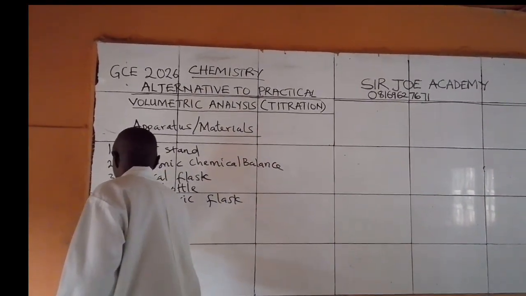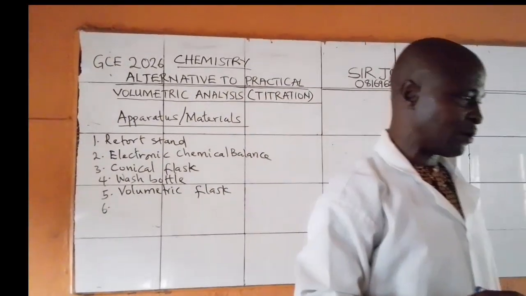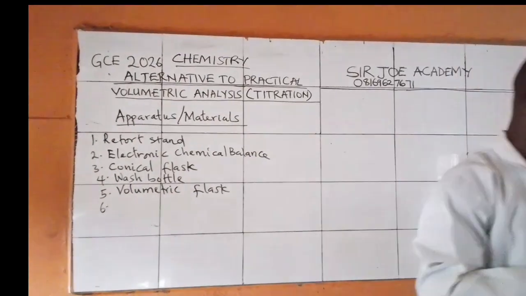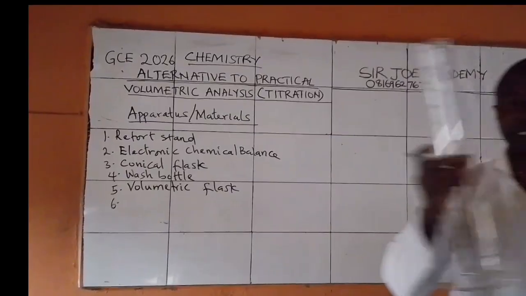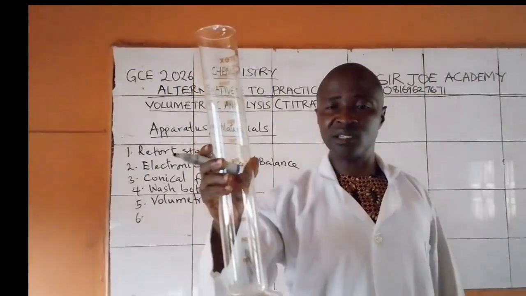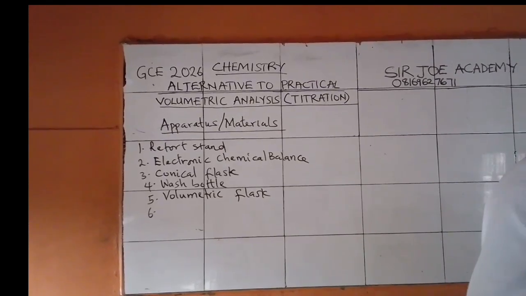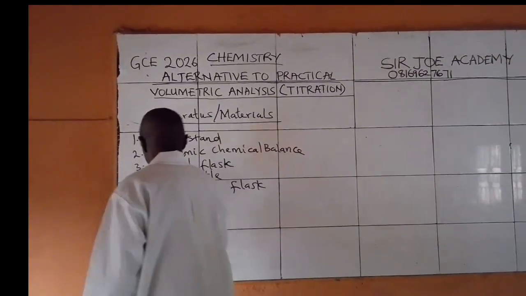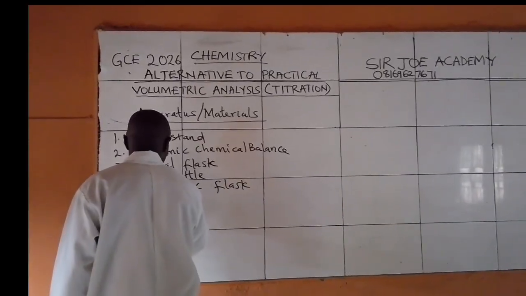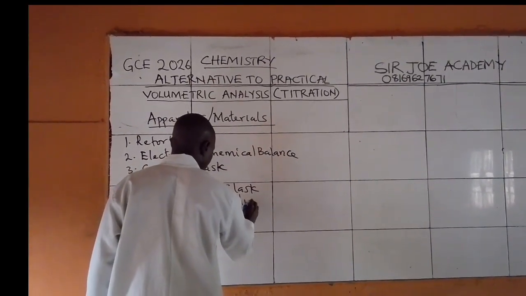Then we move to another apparatus or material that is used for carrying out titration, and this is measuring cylinder.